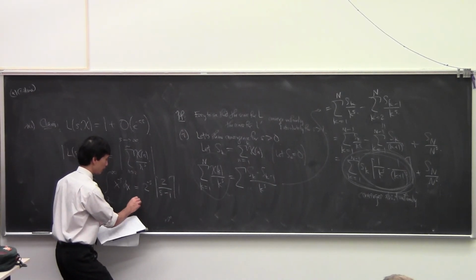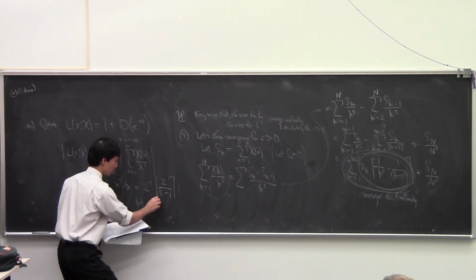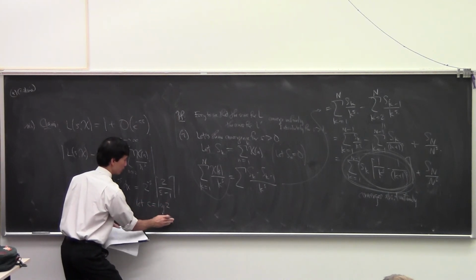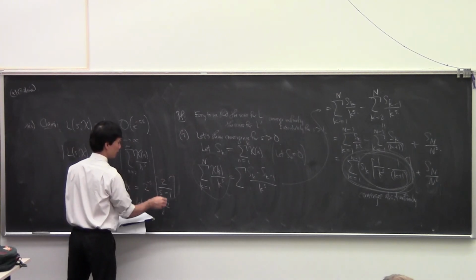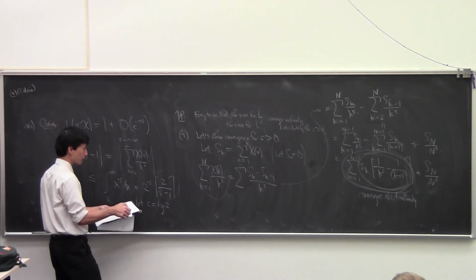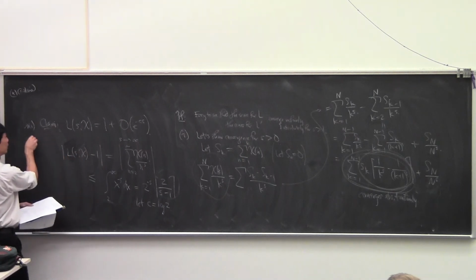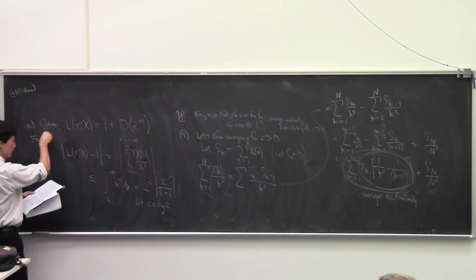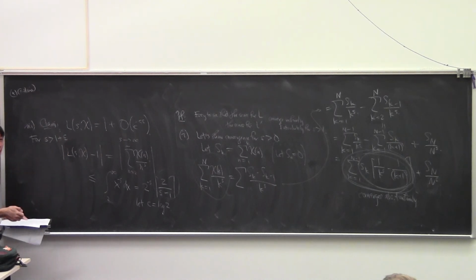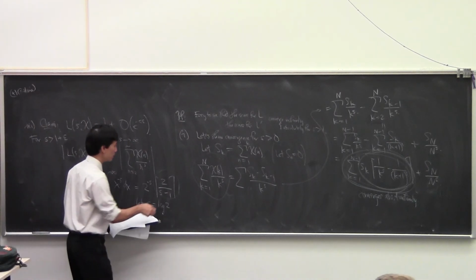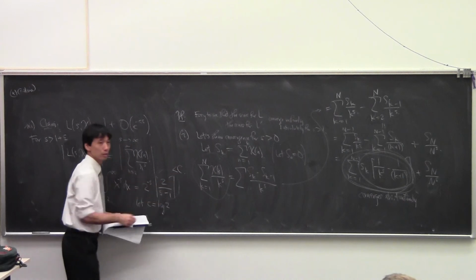Let c be a constant. For s bigger than some number bigger than 1, this thing is smaller than some constant.